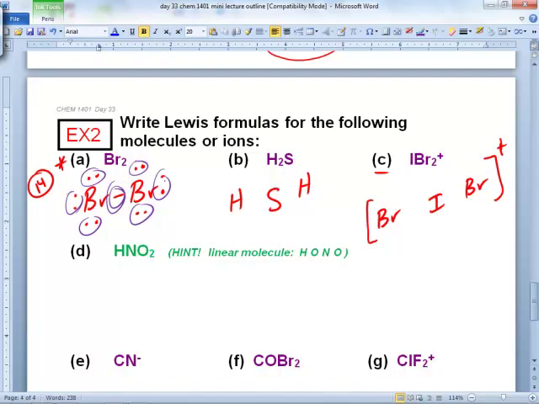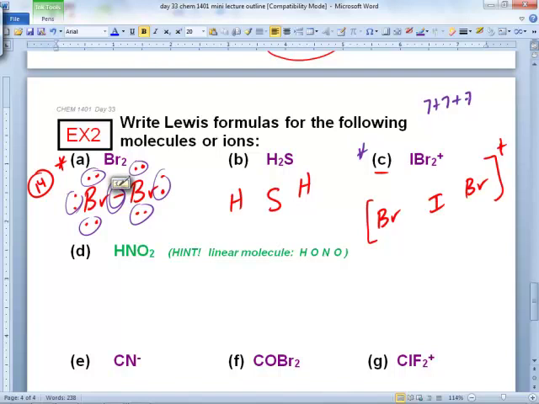Okay. Let's do this one, and then we'll send you guys off on your own. IBr2 plus. So, Summer, how many electrons do I have in the bank there? Bromine has 7. Now I've got 2 of them.